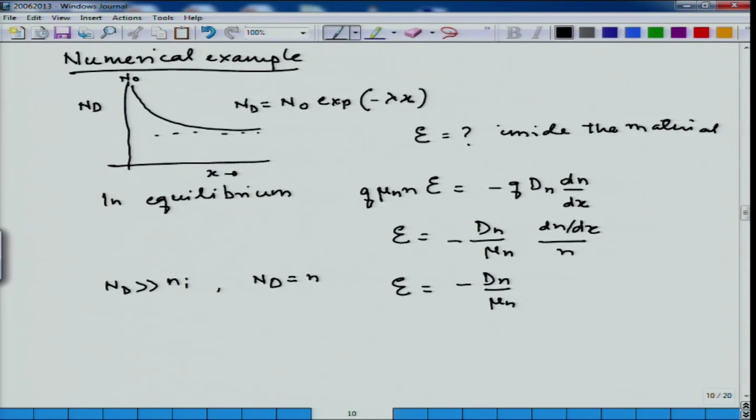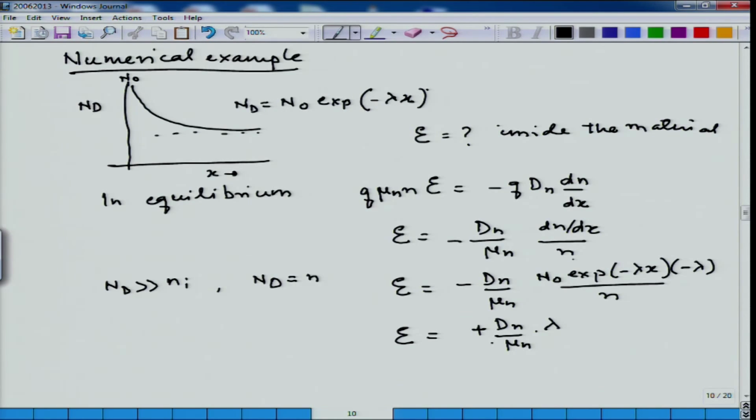In that situation, I can write the electric field is going to be D_n over mu_n, the differentiation of this equation converted to the carrier concentration divided by n, and that will lead to N0 exponential. n is nothing but this expression itself, and hence I have the expression for electric field, which is this coefficient multiplied by lambda, and this will become positive.